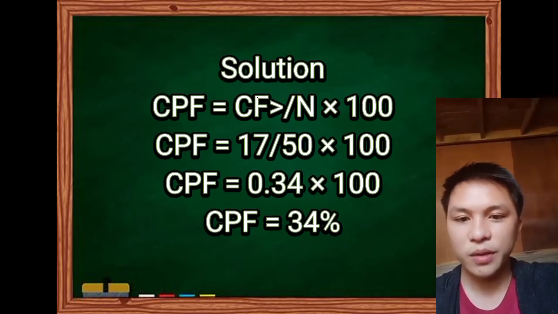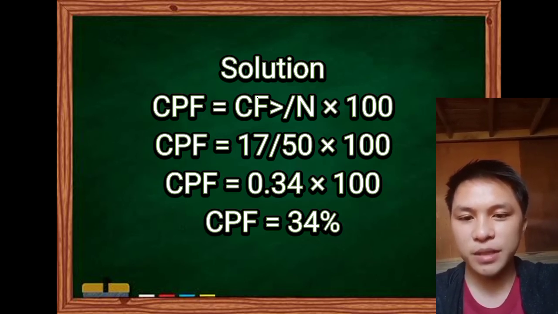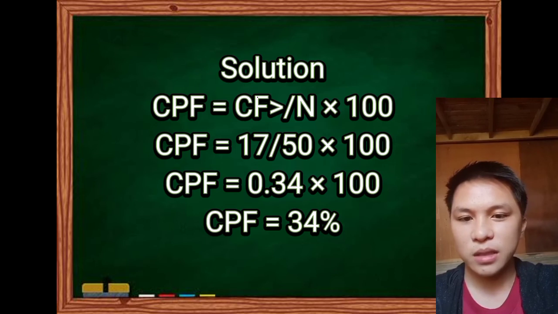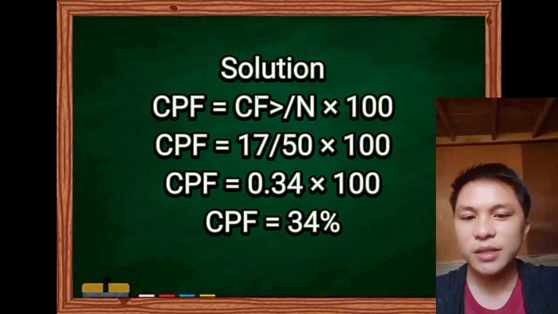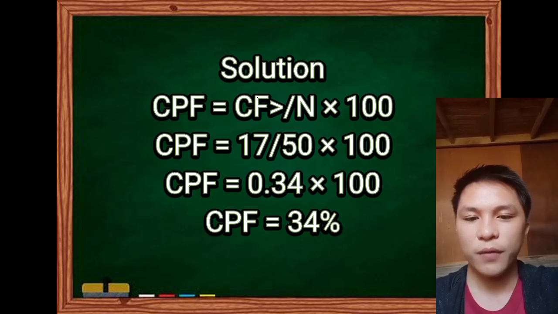We use our formula: CPF equals cumulative frequency greater than over number of cases times 100, so 17 over 50 times 100.